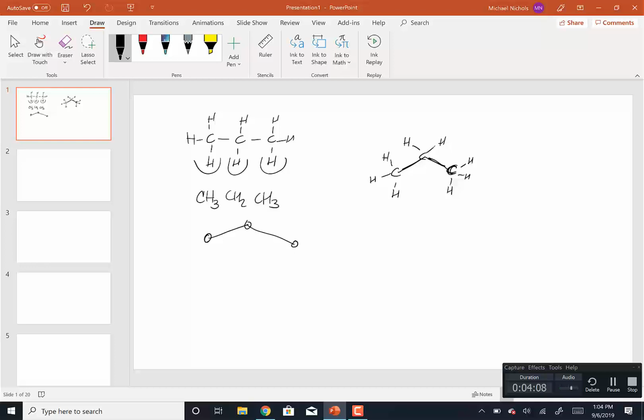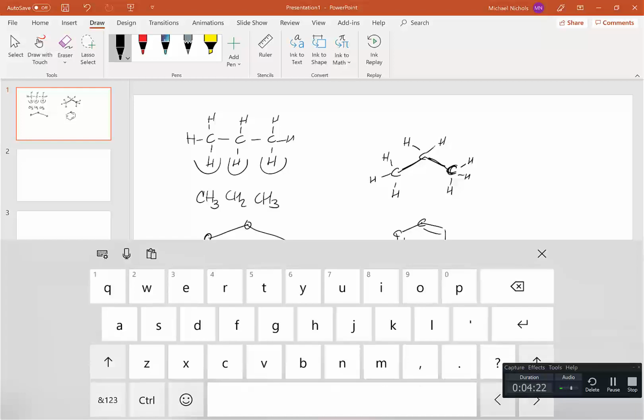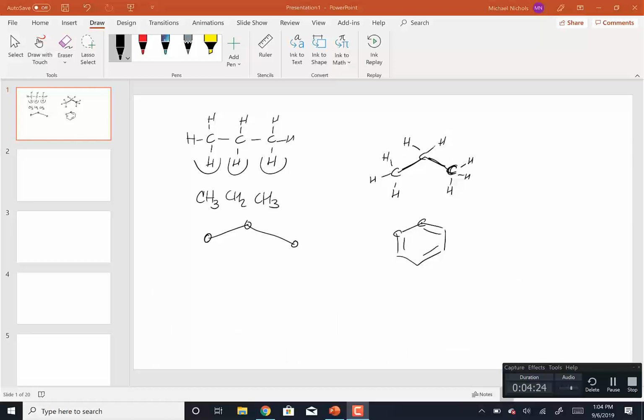Okay. And this is a really shorthand notation because if I wanted to write, for instance, a benzene ring, which we'll get to, I can write it like that. What does that mean? It means carbon, carbon, carbon, carbon, carbon, carbon. Each carbon has 3 bonds, so it needs a 4th, and a 4th, and a 4th, and a 4th.